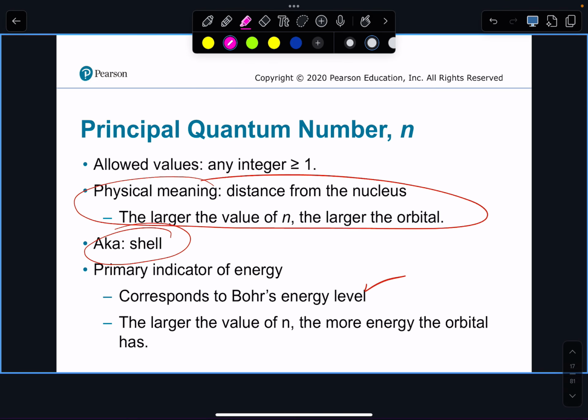Using the word shell is the most common way to refer to it. And we just said the larger the value of n, the more energy. Also, the larger the orbital, the further its edges are out from the nucleus, and so that's going to be a bigger ball.